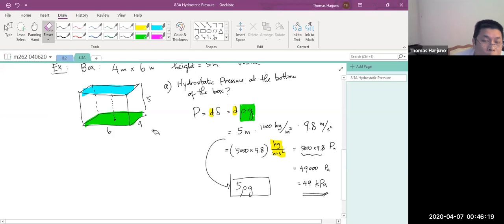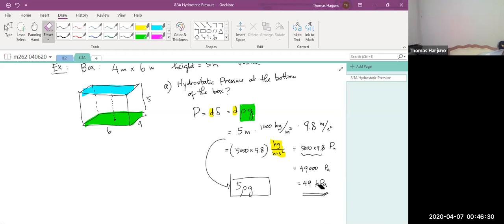The pressure your body experiences at that depth is 5 rho g. That's 49 kilopascal. Is it okay?